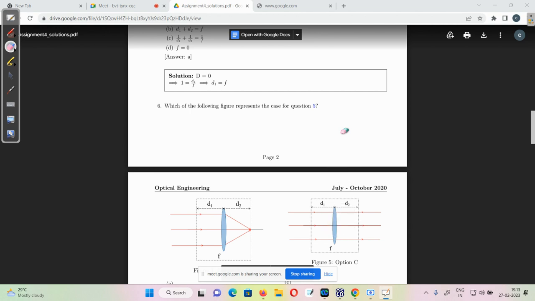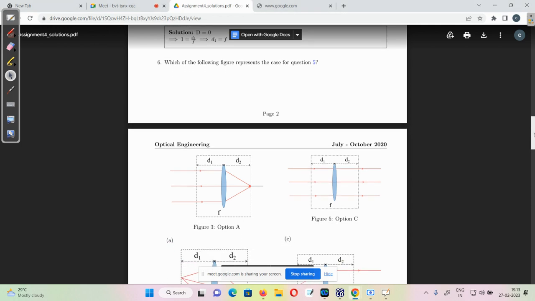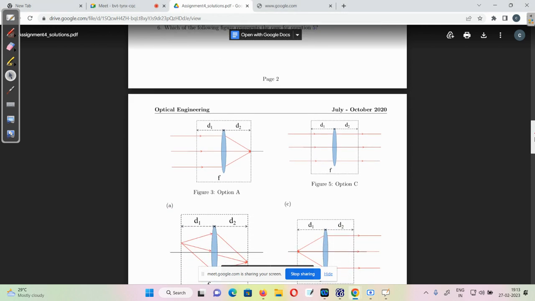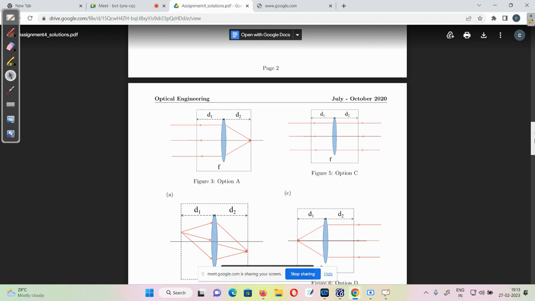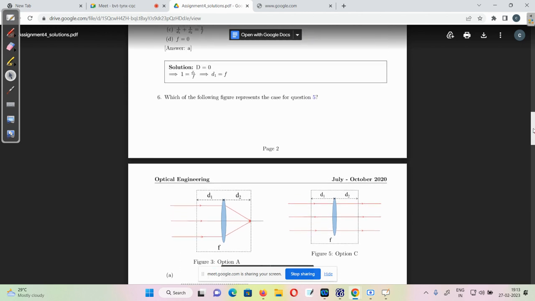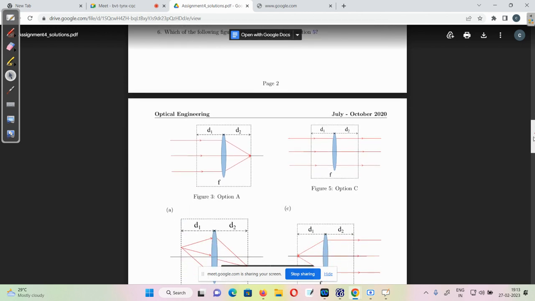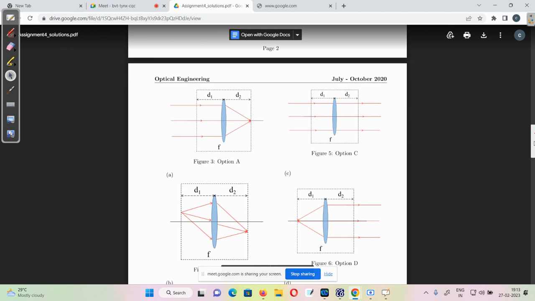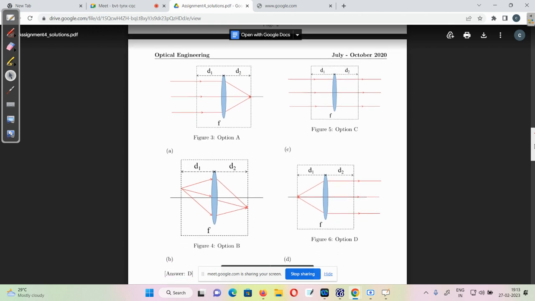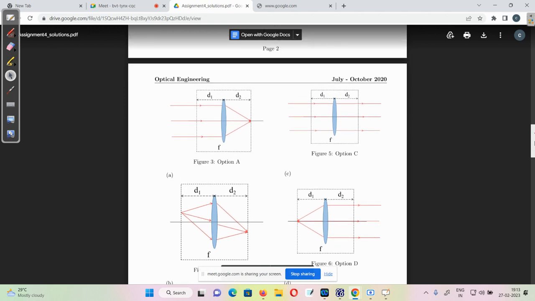Somebody can tell. Which figure for question 5 means D is equal to 0? What is meant by D is equal to 0?